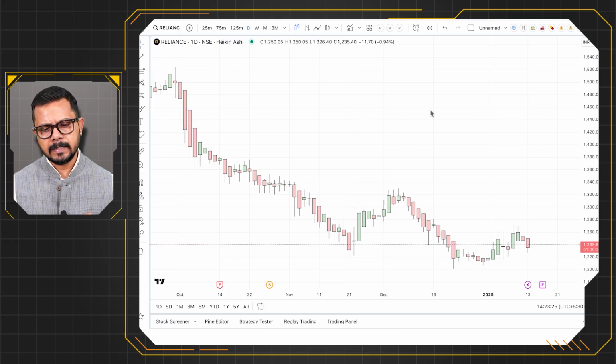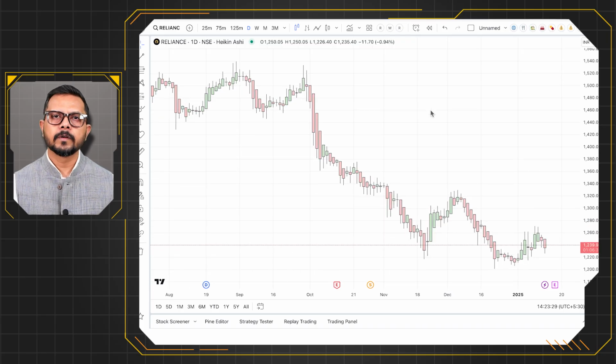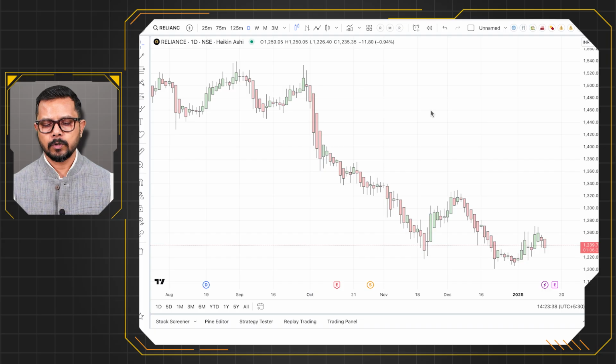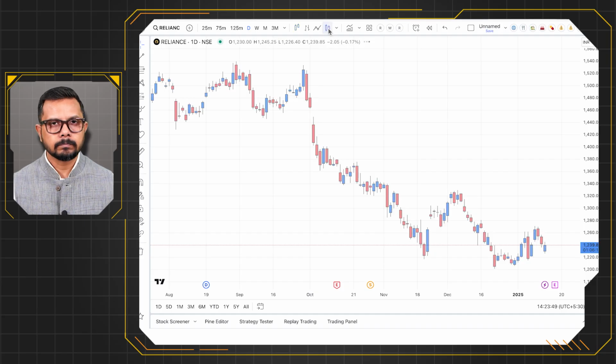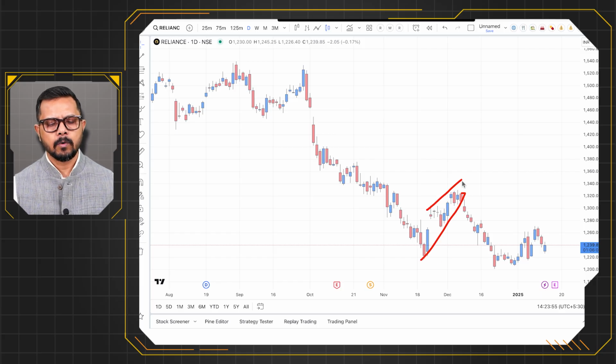A very simple, basic advantage that I would like to share with you is, if you are a student of technical analysis, you must have studied classical candlestick patterns: head and shoulder, bottom, double top, double bottom, triple top, triple bottom, triangles, pennants, flags, diamond, right? And you must have used your Japanese candlestick charts. And at times you might have thought, is this a rising wedge or is it not?